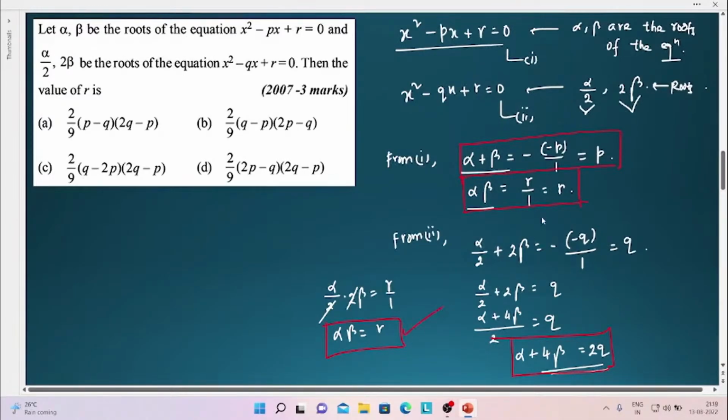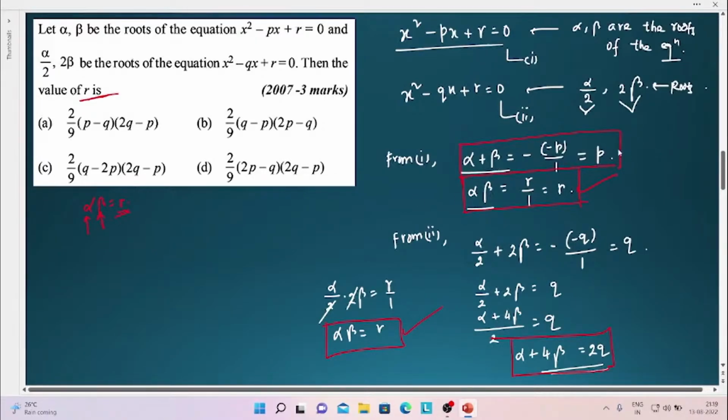From this and this relation, you can see alpha times beta will be r. But what we have to find is the value of r only, in terms of p and q. So it is necessary that we find alpha and beta so that we can put them in p and q to get the value of r.